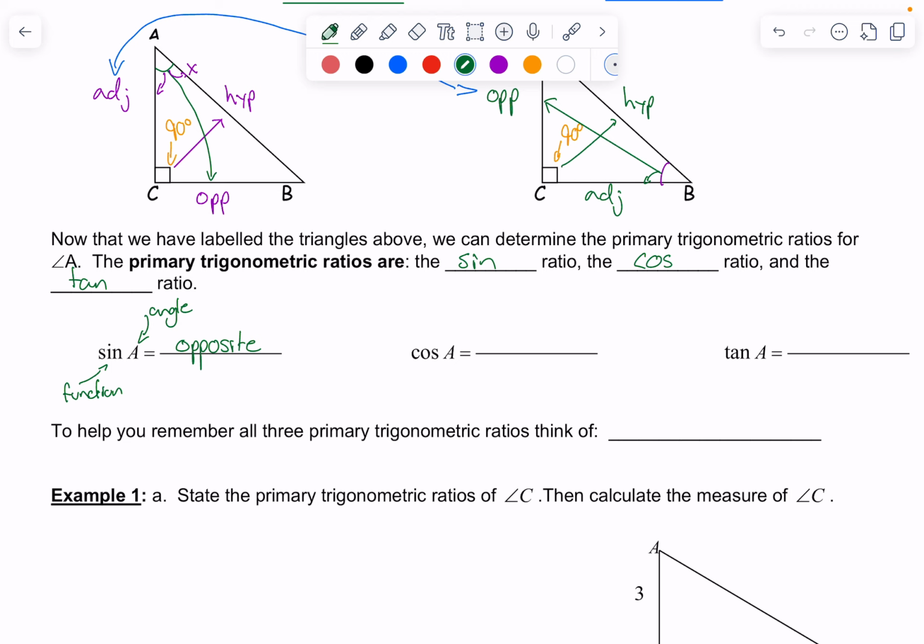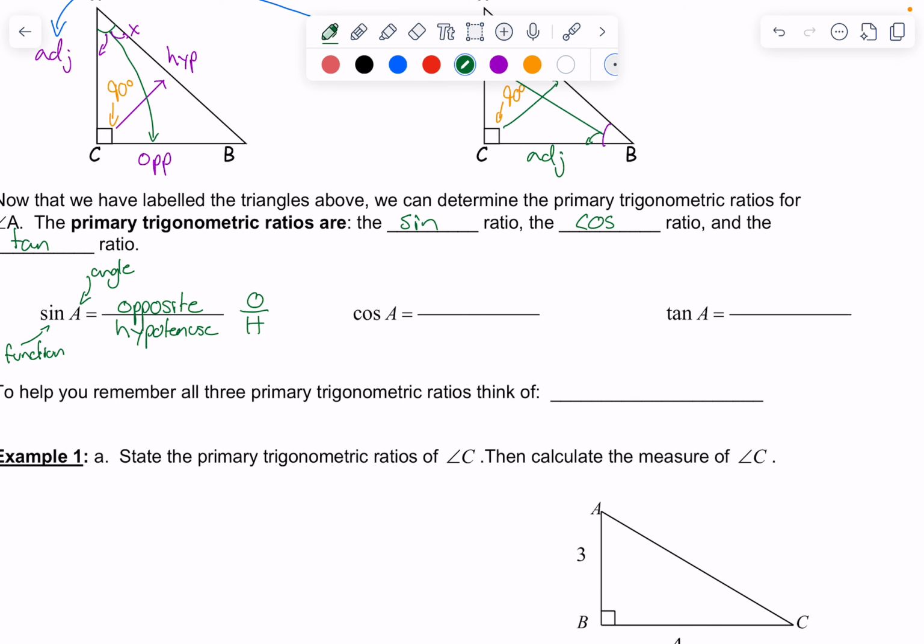When you take the function of sine of an angle, you're going to get the ratio opposite over hypotenuse, okay? Or O over H. Cosine of an angle is going to give you your adjacent over your hypotenuse, hyp for short.